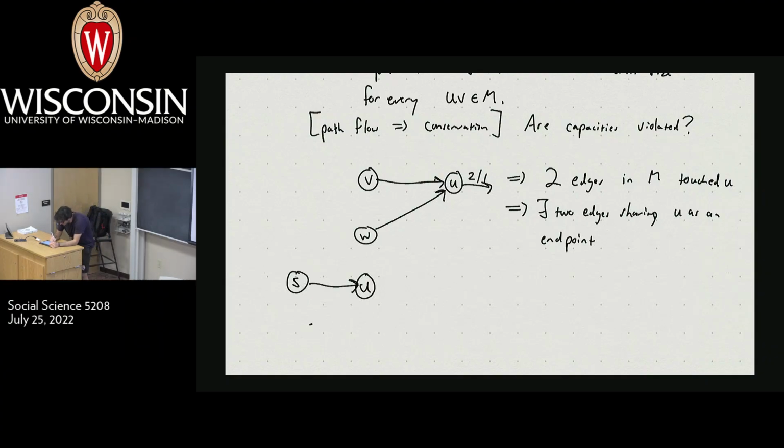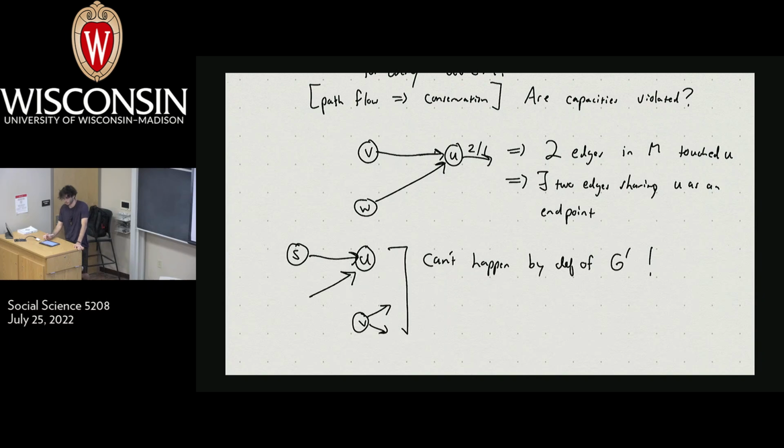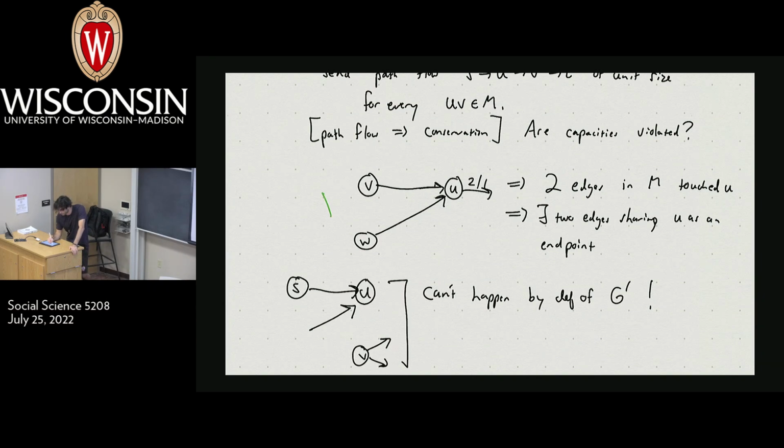So this case can't even happen by definition of the graph. Similarly, this can't happen. Neither of these can happen. So the only case that really matters is this one here. This is the only one that could actually happen. And the reason why that won't happen is because it implies some edge is shared. 2 edges are sharing endpoints. Specifically VU and UW.